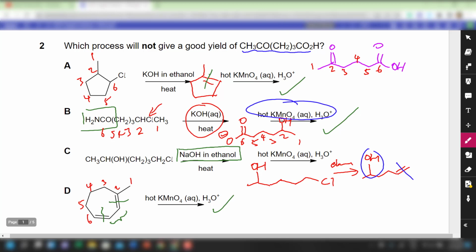But if you do a quick carbon count, there is a loss of 1 carbon in the process. The loss of 1 carbon will mean that the product is not the same as the one I'm looking for. So therefore the answer I'm going to pick will be C for question 2.